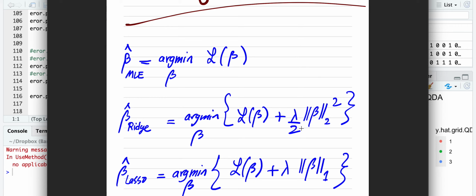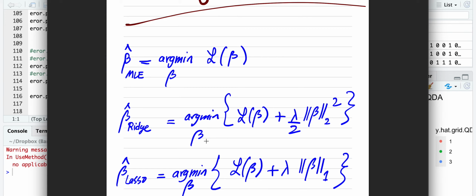I say it again, lambda small gives us a complex model, because when lambda is small, the importance of this term becomes negligible, and the major contributor will be just the fitness.